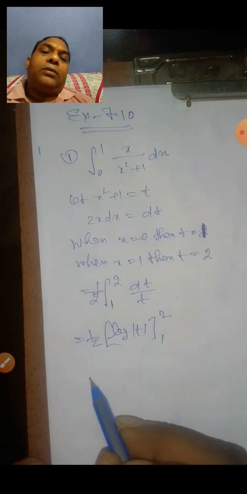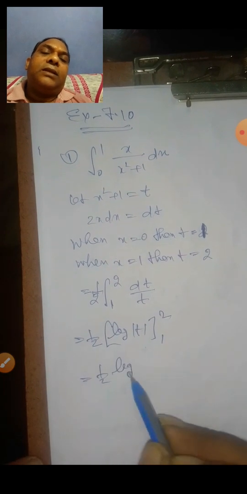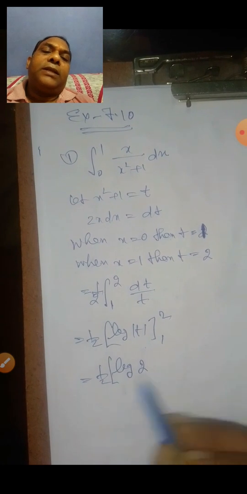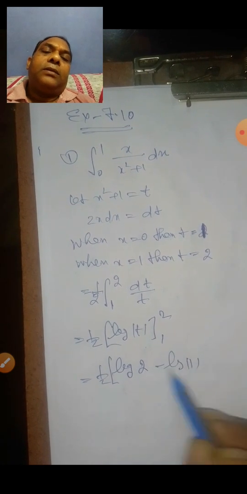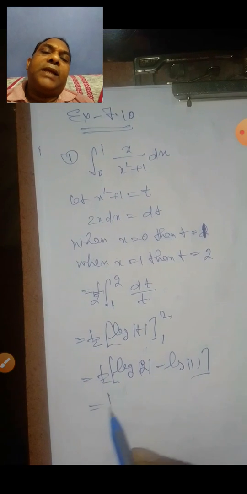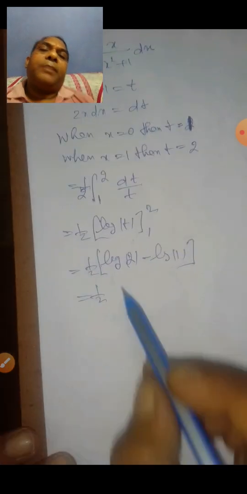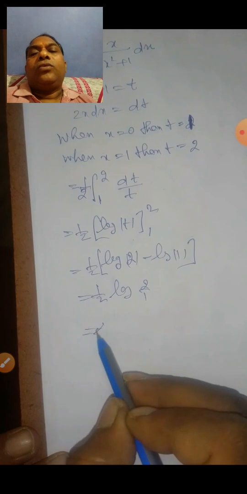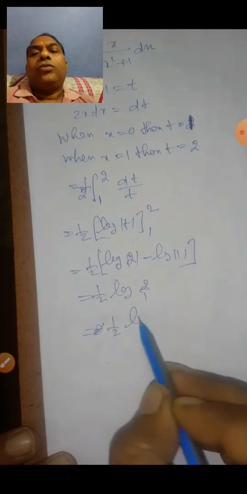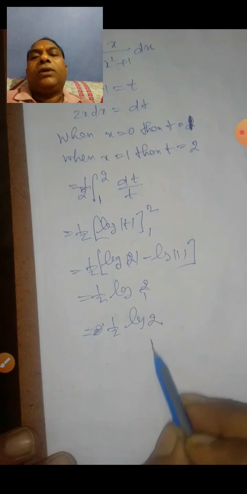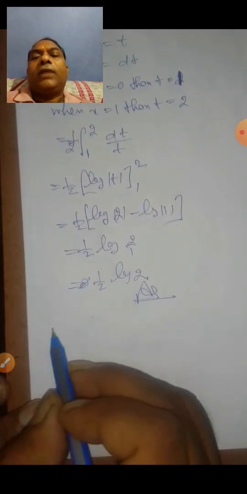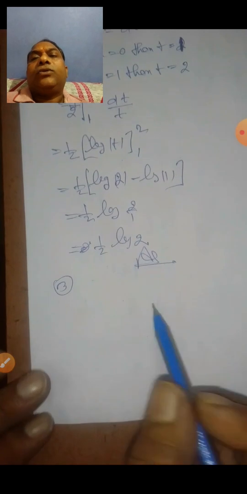Now apply the limit, log upper limit minus lower limit, and log m minus log n is equal to log m upon n. So 1 by 2 log 2, which will be equal to log root 2 or 1 by 2 log 2, you can write it. Okay. Next question, question number 3.